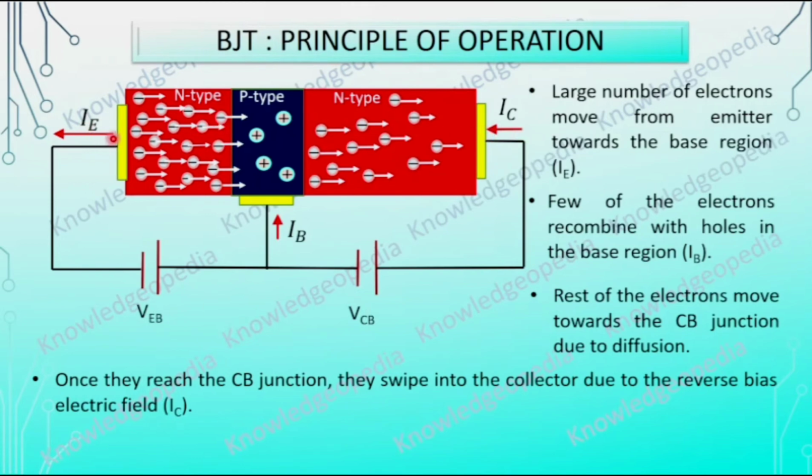One is the emitter current which is flowing out of the emitter, the base current which is flowing into the base, and the collector current which is flowing into the collector. Now if two currents are flowing into the device and one is flowing out of the device, then definitely the total current flowing into the device should be equal to the total current flowing out of the device. So we have IE equals IC plus IB.